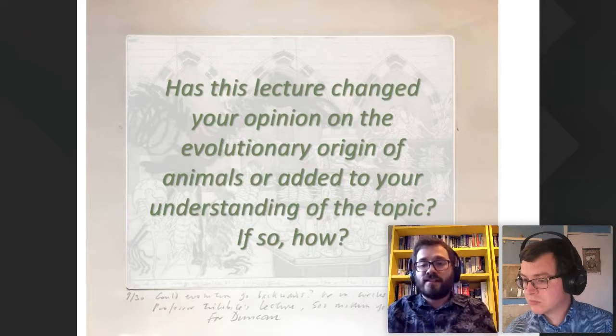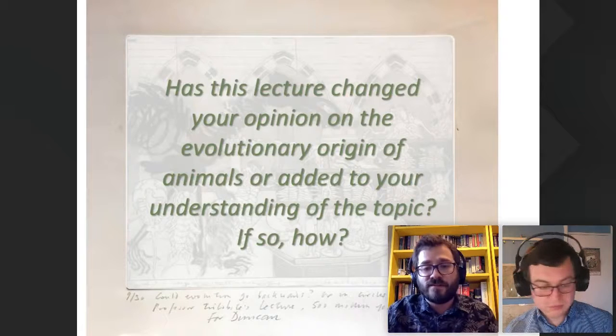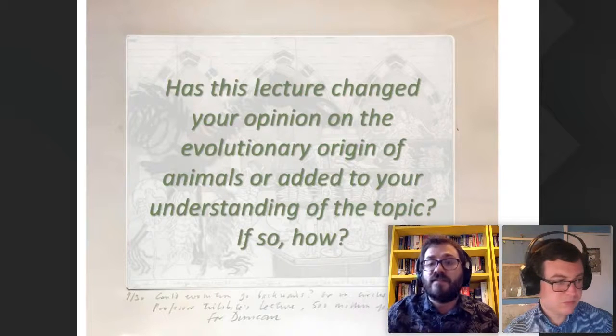These studies suggest that basically once conditions on Earth permitted life, so there was a relatively stable surface with liquid water, then life originated. So it seems that it was almost an inevitability of the conditions.